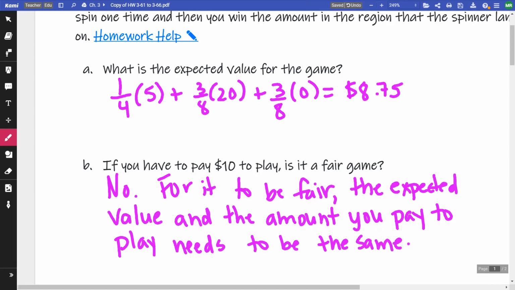So we actually are expected to only win $8.75. It's going to cost us $10 because it's definitely not fair. But it has to be exactly the same amount. If I expect to win $10, then I should pay $10 for it to be fair.